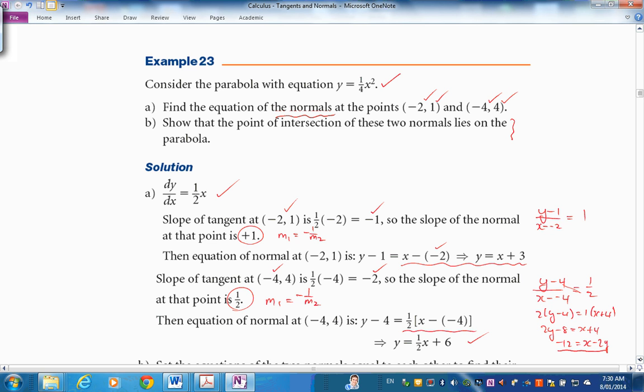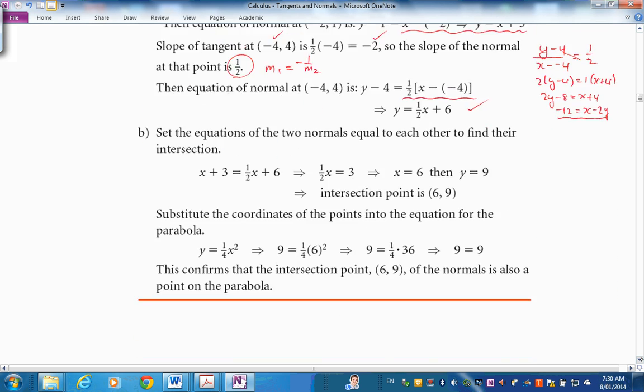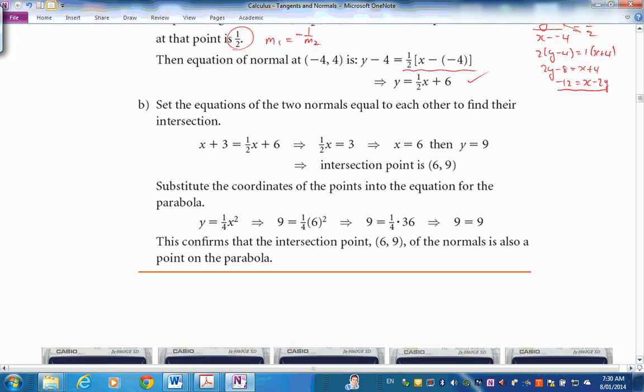Let's have a look at showing the point of intersection here. So here is the first one. There's our first equation and our second one, because at their point of intersection, of course, there is one common point and the y's will be the same. So the y's are equal at the point of intersection.